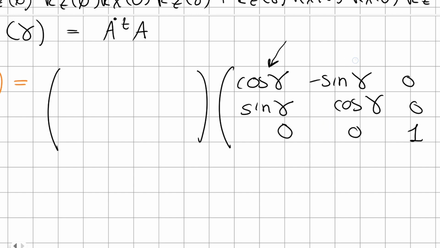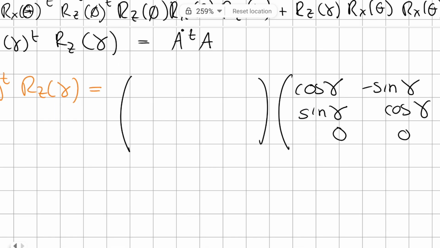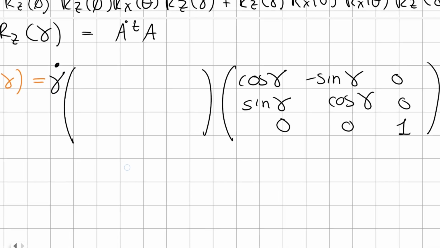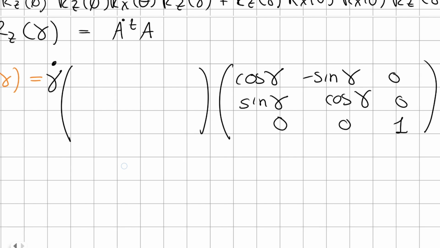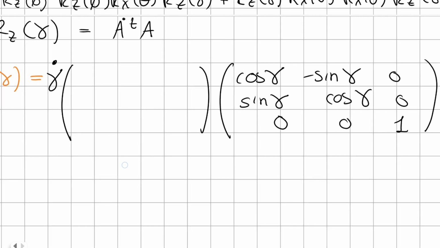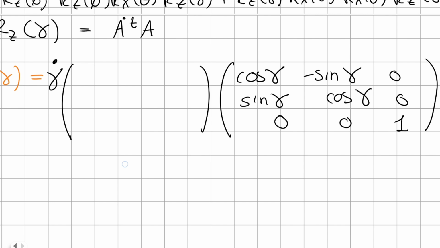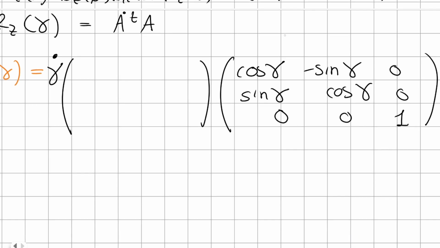So we are going to take out a common factor of gamma dot. Then we need to take the derivative of every element with respect to gamma, and then take the transpose. If we have the element on the first row and first column, taking the transpose leaves this element in place, so here we just get the derivative with respect to gamma.